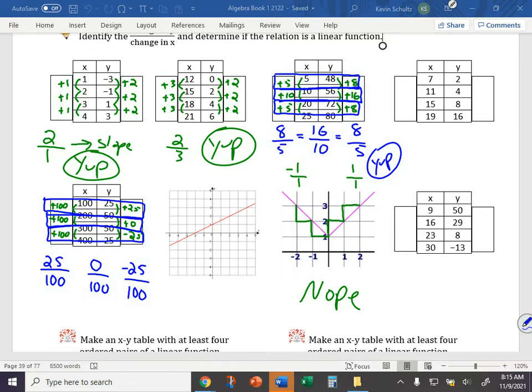Are those three rates the same? Not even close, right? 25 over 100 simplifies to 1/4. 0 over 100 is 0. And negative 25 over 100 is negative 1/4. None of them are the same. Okay? So this would be a clear no.